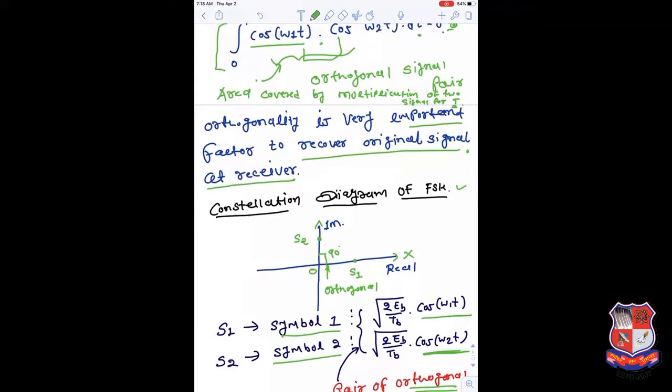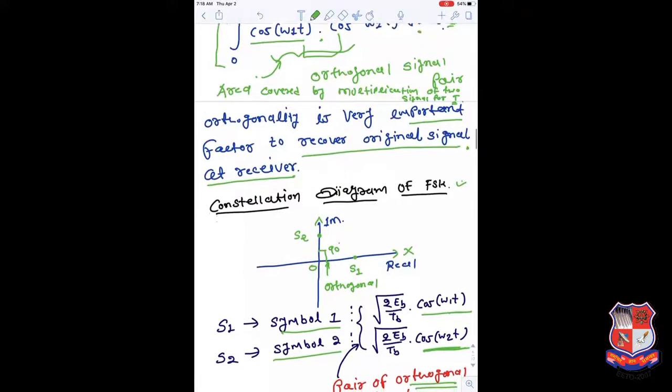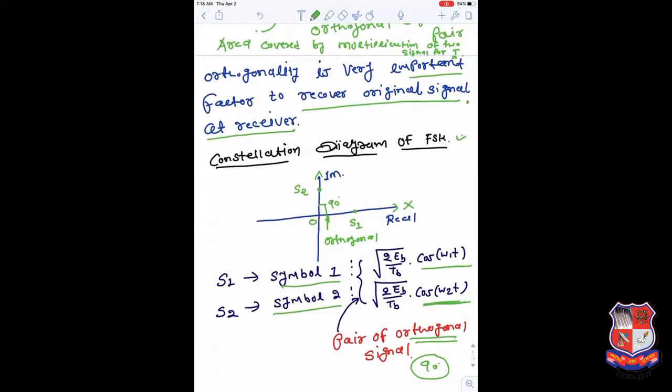Here is the constellation diagram of the FSK signal. In the constellation diagram there are two symbols, S1 and S2. The first symbol is square root of 2 EB by TB cos omega 1t, and the second symbol is square root of 2 EB by TB cos omega 2t. We have already mentioned earlier, these are a pair of orthogonal signals. Both the signals are mutually orthogonal.